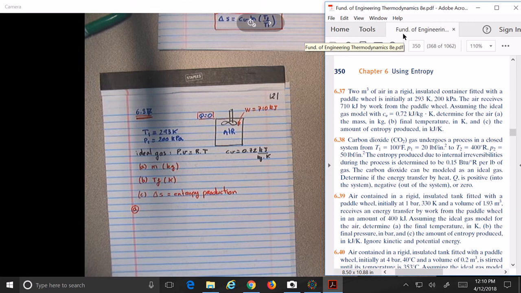Okay, so how can we find the mass? What is the relation we can use? And we need to find a relation that relates to the air, no? Am I missing something?